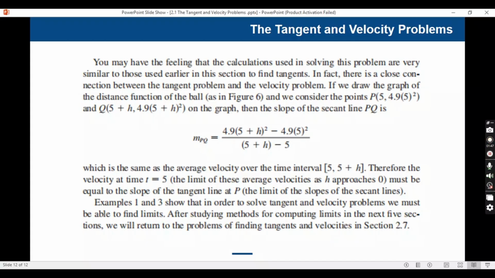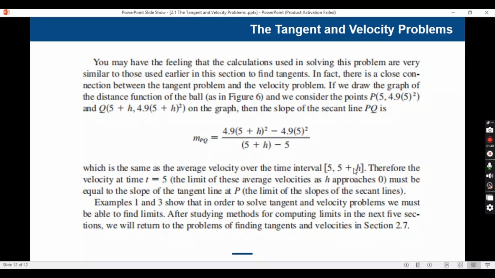Therefore, the velocity at time t equal to 5 is the limit of these average velocities as h approaches 0, which must be equal to the slope of the tangent line at P, the limit of the slopes of the secant lines.